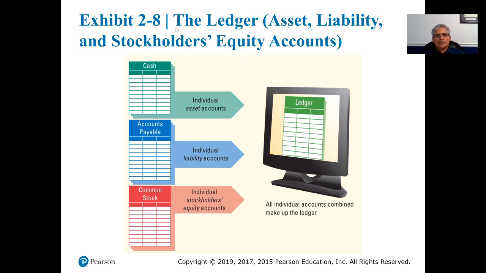So as an example, if you can think of the entire ledger as a book, the book is going to be in the computer. So cash has its own ledger. If you think of it like a page, cash has its own ledger page, accounts payable has its own ledger page, common stock has its own ledger page. Each account that we have already used and more when we use in the future are going to have their own ledger.